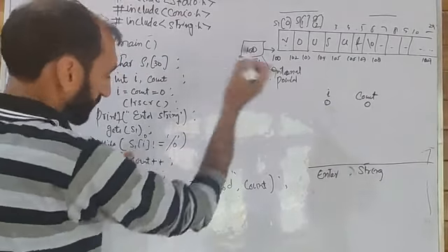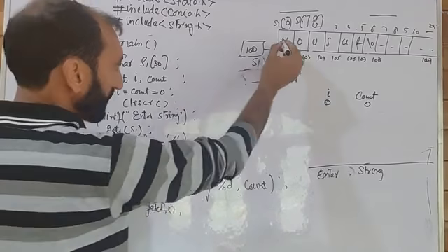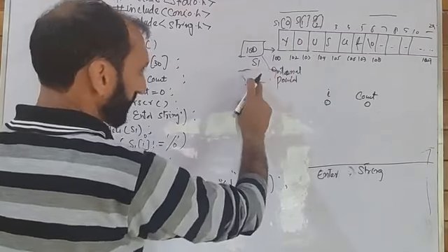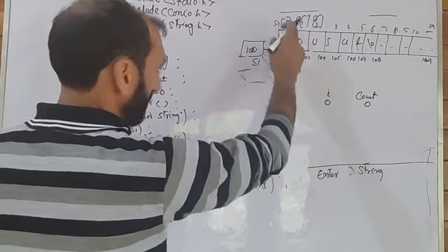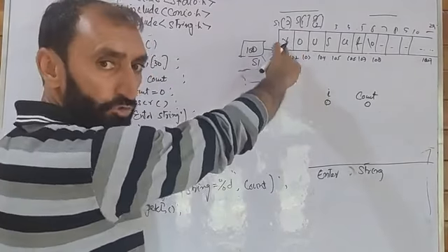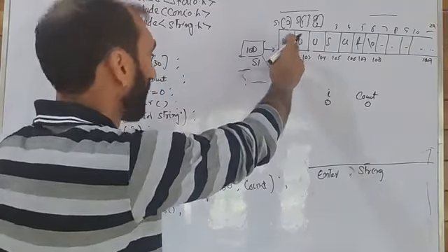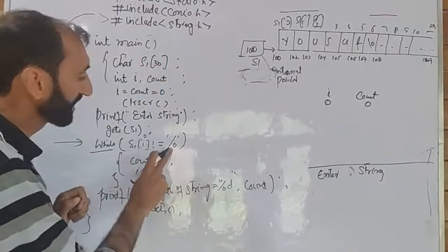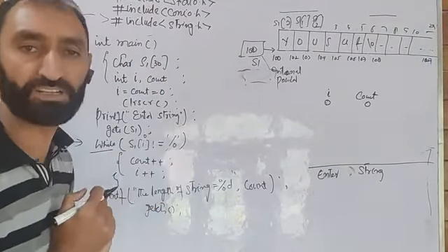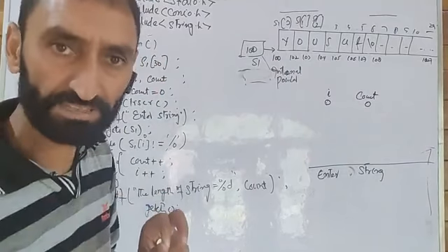I value starts as 0, that means s1 of 0, the value stored at the address s1 of 0. It is checked whether it is not equal to the null character.